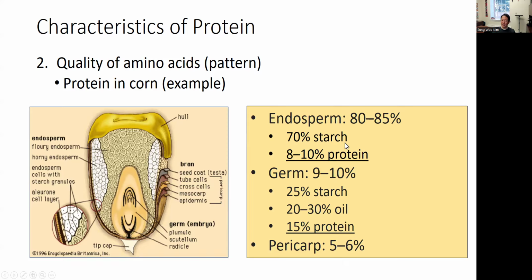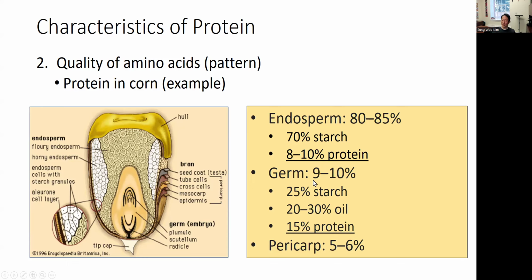It's mainly filled with starch. Starch is the main part of the endosperm. So 80% of a corn, 70% of endosperm is starch. That means the majority of corn is starch. Only less than 10% of endosperm is protein, so very small contribution.